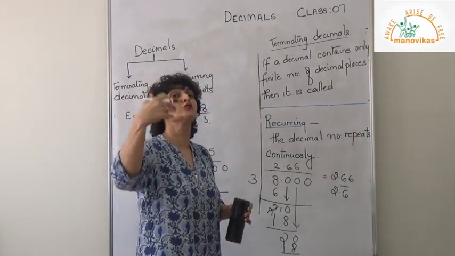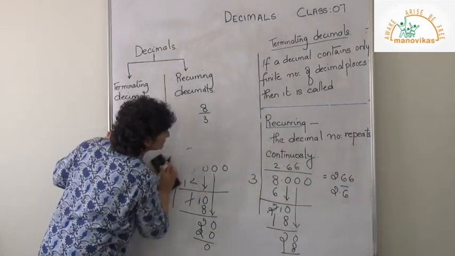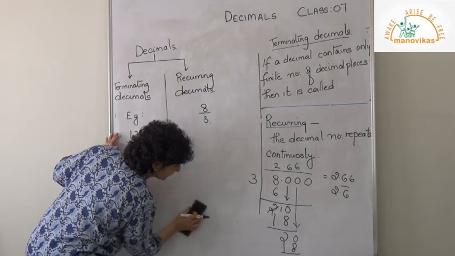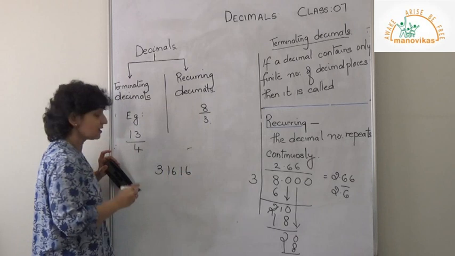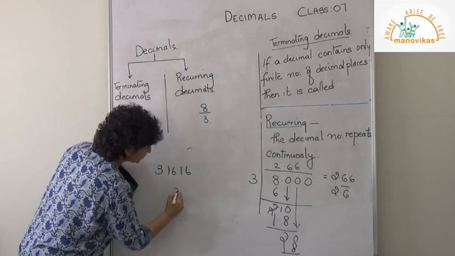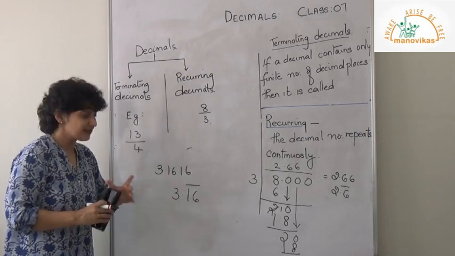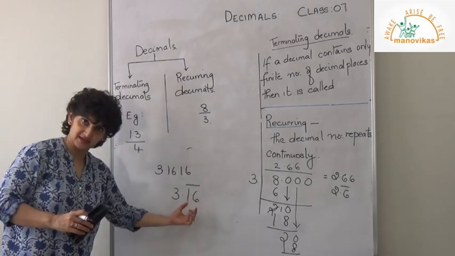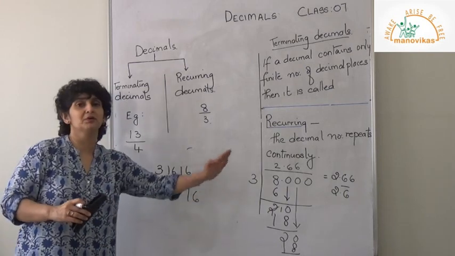For example, if I get something like 3.1616, you don't have to keep writing it. Just write 3.16 bar.